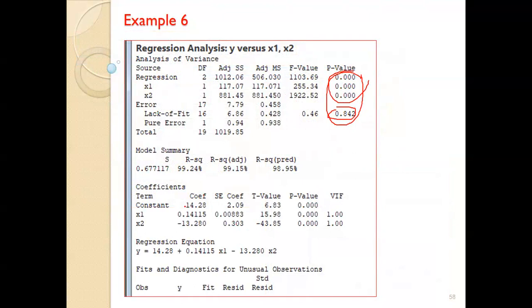Then we have the coefficients beta 0, beta 1, and beta 2 for x1 and x2 in this case. This is the constant, beta 0, this is for beta 1, and this is for beta 2. We can see the p value is very small.